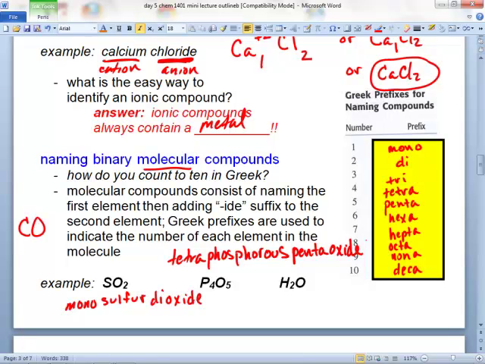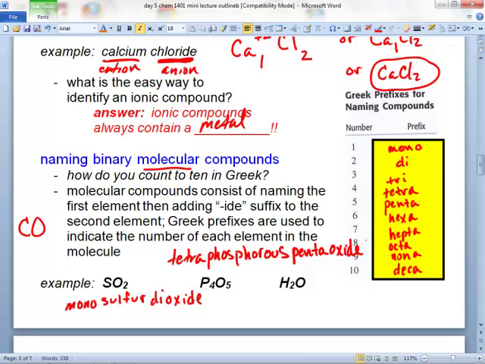But technically, this is the way you're supposed to say it: tetraphosphorus pentaoxide. Sometimes they drop that little A, so it'd be tetraphosphorus pentoxide. But it's the same thing. This is technically correct, so don't think they misspell it.